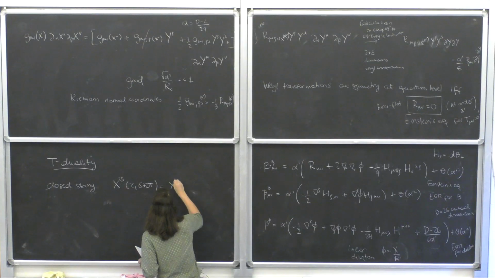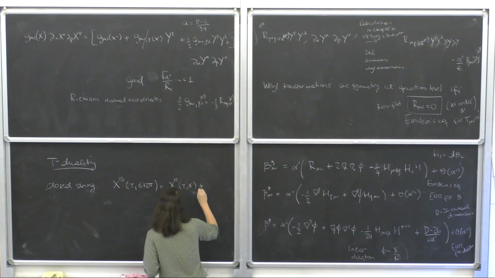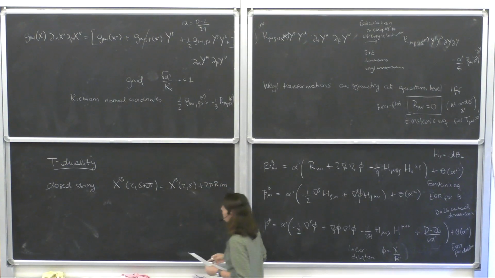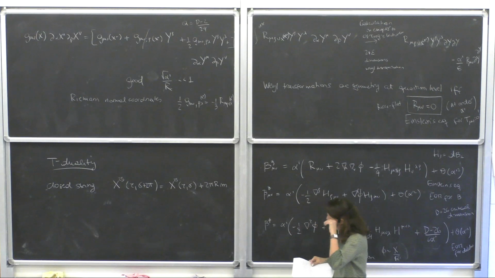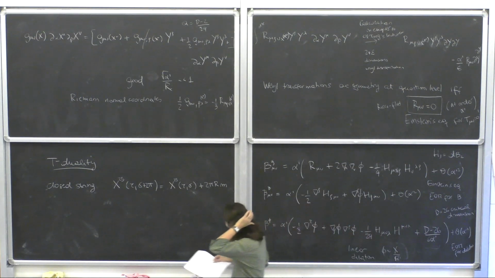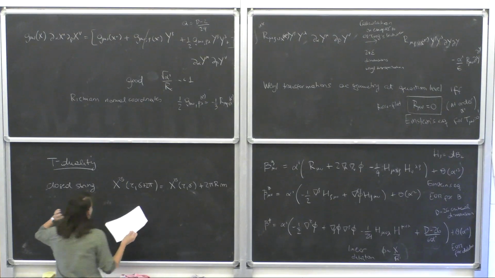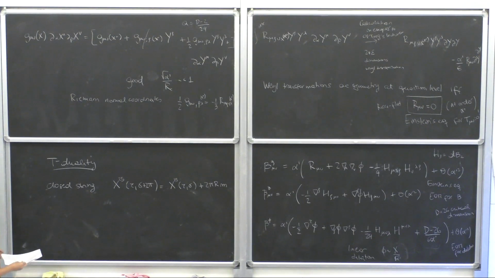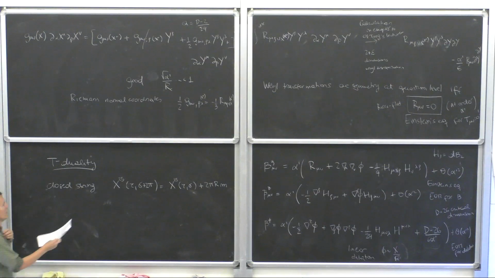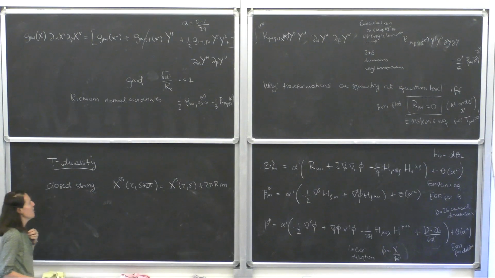So I say x25 of tau, sigma plus 2 pi equals x25 of tau sigma plus 2 pi R m. For all the other x's, I have the normal boundary condition that x of tau, sigma plus 2 pi is the same as x of tau sigma. But for this, I have this weird boundary condition.